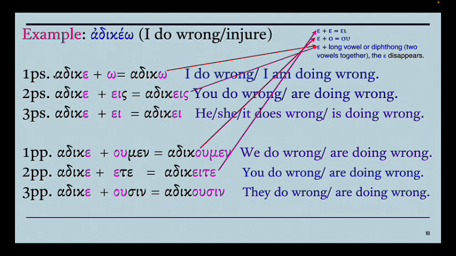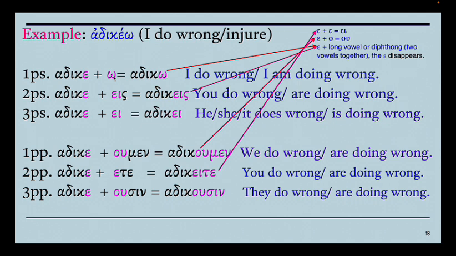Now the first person singular, adike, look at this one. Throughout you have epsilon. That means this is written out for you. All these are the stem. They end with epsilon. Then now you need to add the personal ending, the first person singular ending of the present indicative active form, which is omega.